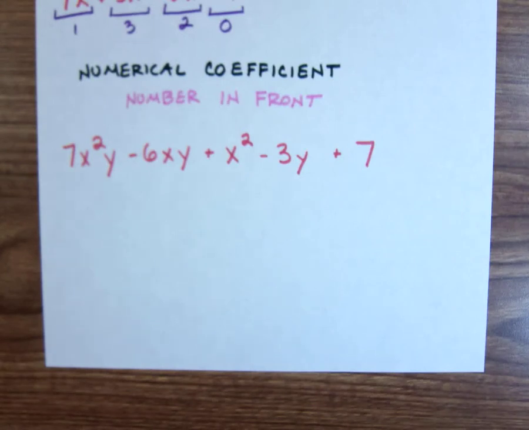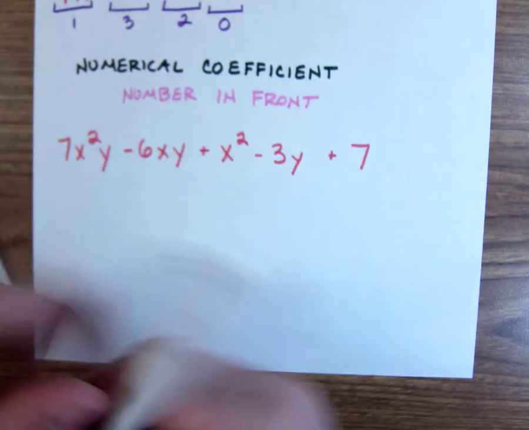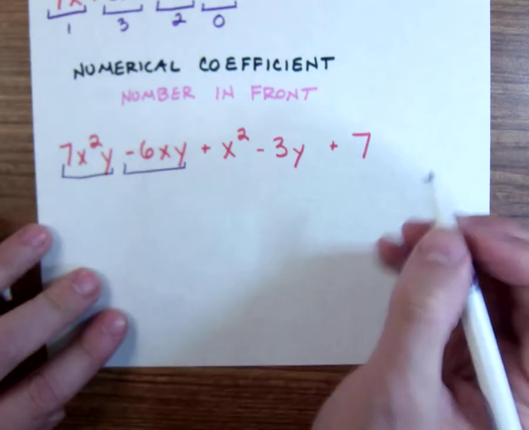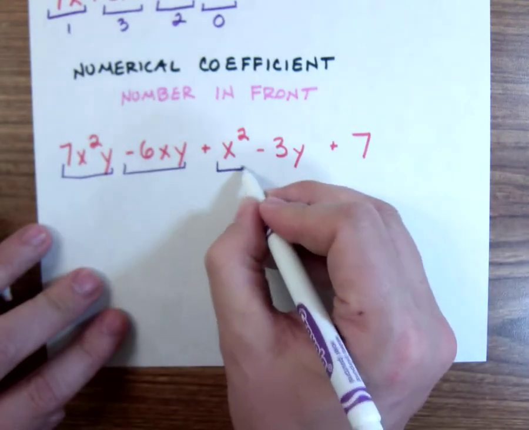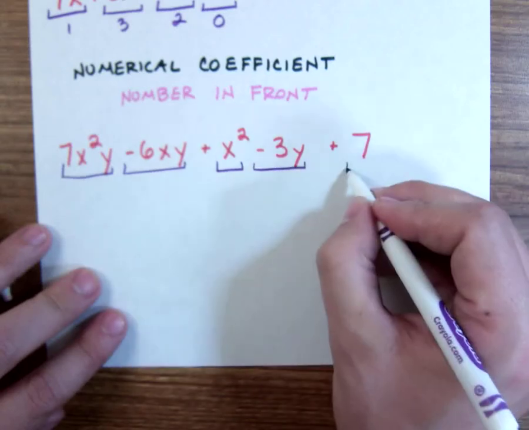How many terms does it have? 7. The way you can tell if something is a term is, are they separated by pluses and minuses? So here's a minus. That means this is a term and this is a term. There's a plus sign separating the next set. There's a minus sign and there's a plus sign.